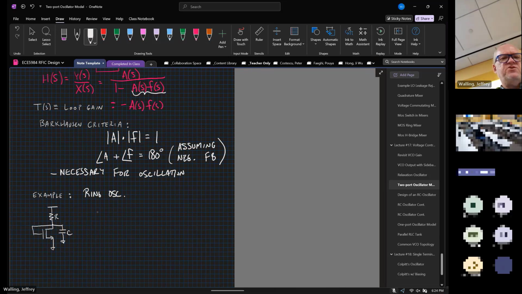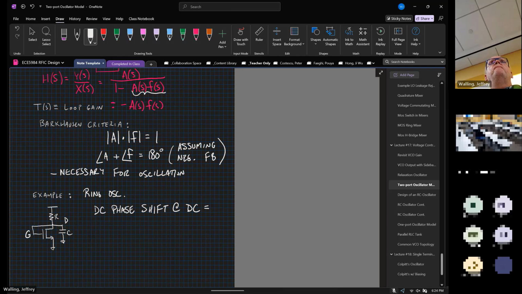So what is the phase shift at DC in this system? So going from gate to drain, what is the phase shift around this loop?